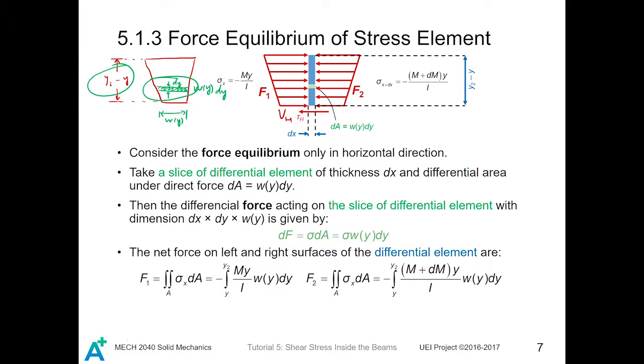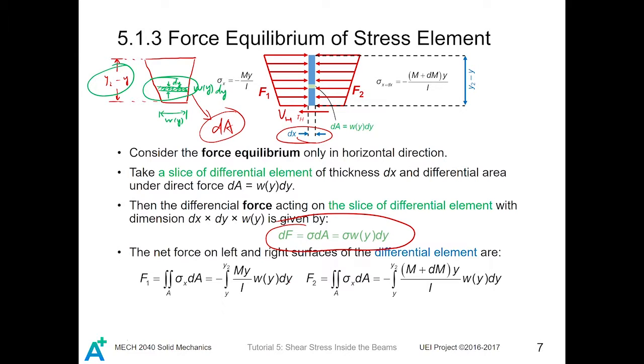Now we consider this piece of differential area dA, where dA equals w(y) dy. Then for this differential stress element, its dimension will be dx times dA, which is dx times dy times w(y). In other words, the differential force acting on it will be dF equals sigma dA.